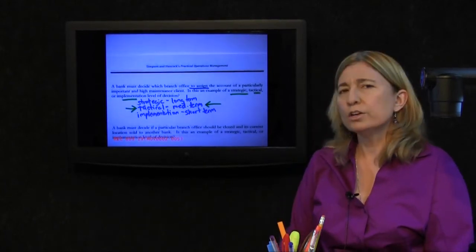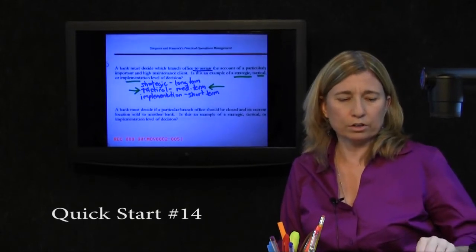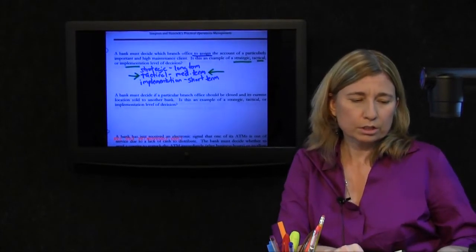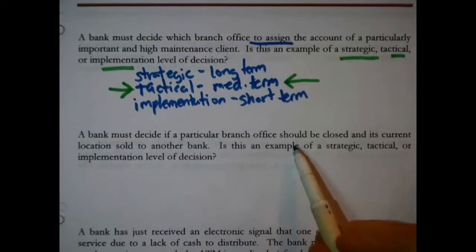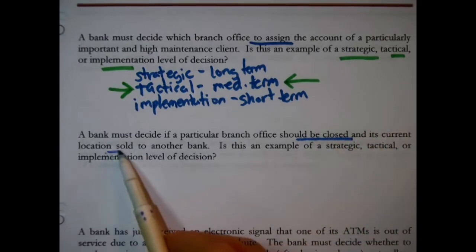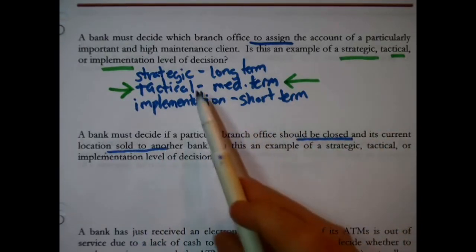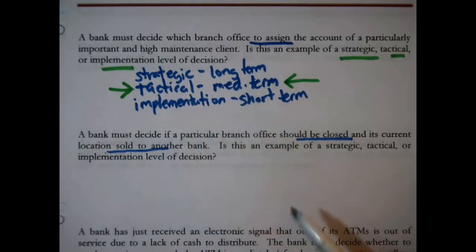Okay, now notice that the next question is the same diagnostic challenge. A bank must decide which particular branch office, oh wait a minute, different decision, should be closed and its current location sold to another bank. Make the call. Is that strategic, tactical, or implementation?